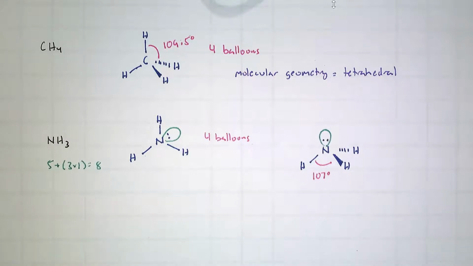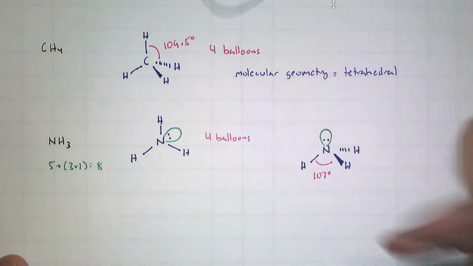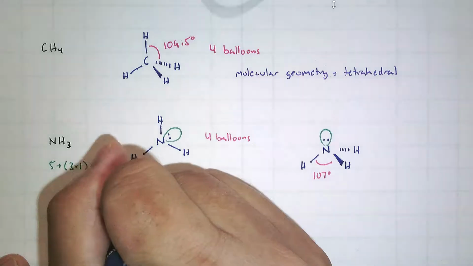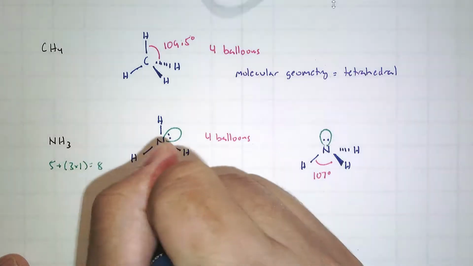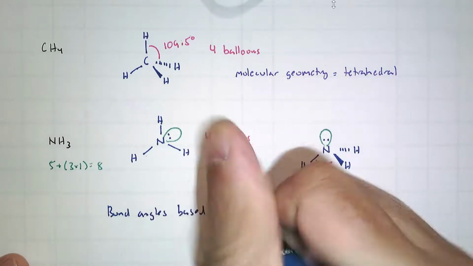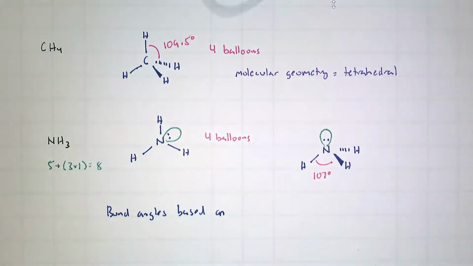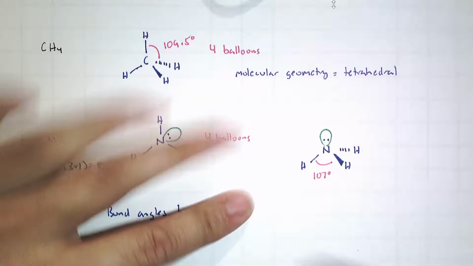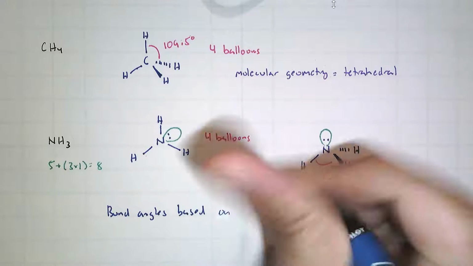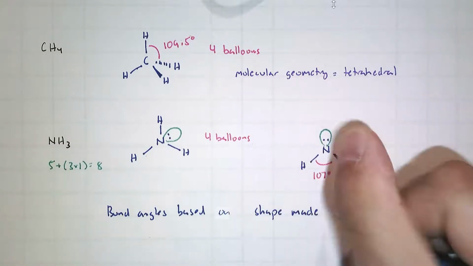And I don't want to go through that here. Well, maybe I will. Because what have we been actually basing our angles on? The bond angles were based on the shape made by the balloons.